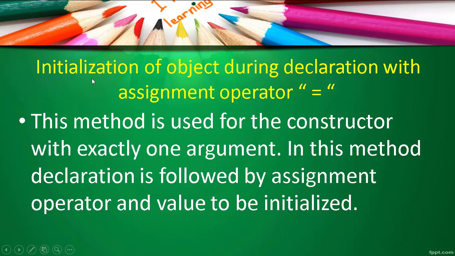The third way of invoking the parameterized constructor is initialization of an object using declaration with an assignment operator. Assignment operator is the equal operator. This method is used for a constructor with exactly one argument. Only one argument will be there.